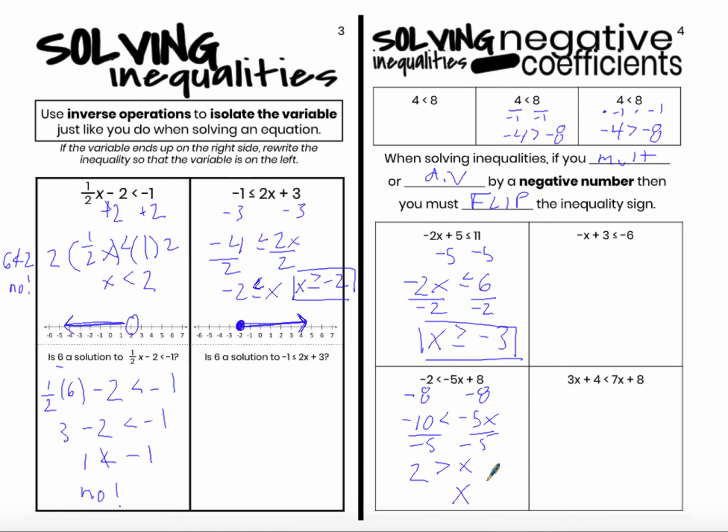We still have to rewrite our solution with the variable on the left. This is not a flipping because it's an equivalent statement. 2 is greater than x. We can say that just meaning the same thing, x is less than 2. So solving this inequality, I had to do two things. I had to flip the inequality when I divided by a negative, and then I needed to rewrite the inequality to have the variable on the left.